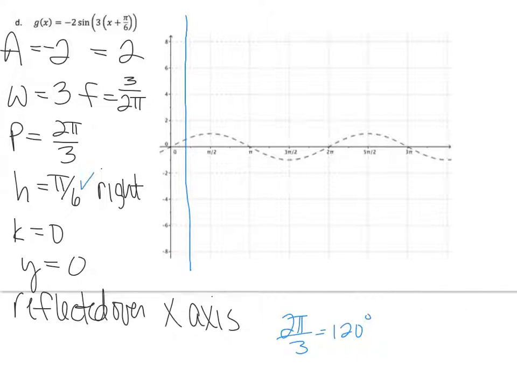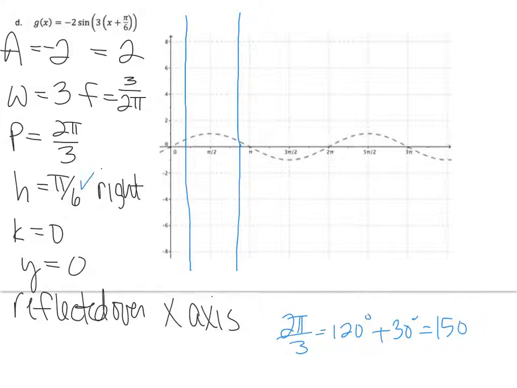Our period is 2 pi over 3, which is about 120 degrees. But we phase shift pi over 6, so we're going to add 30 degrees to it. So it's going to be about 150, which will squish it in right about there.